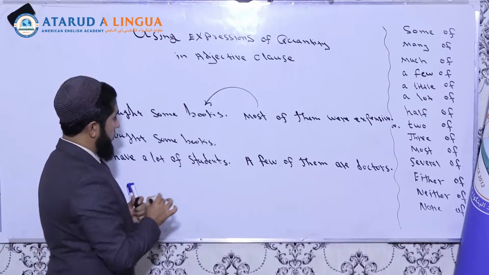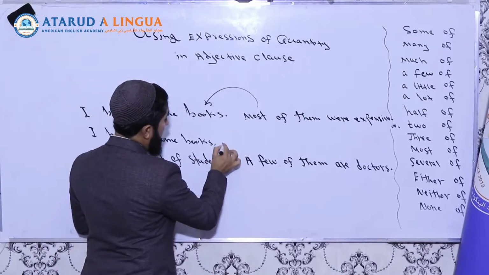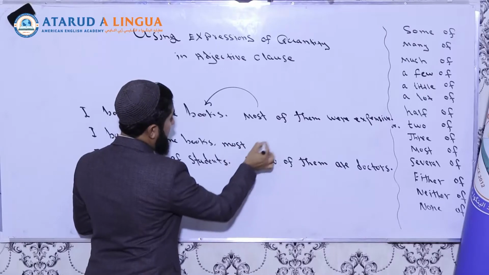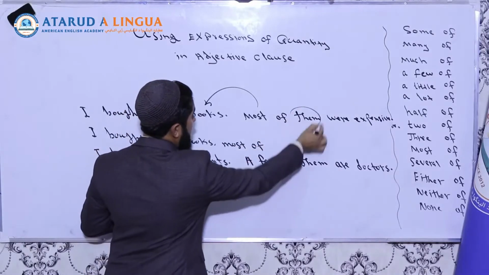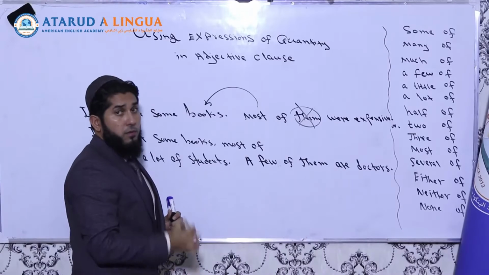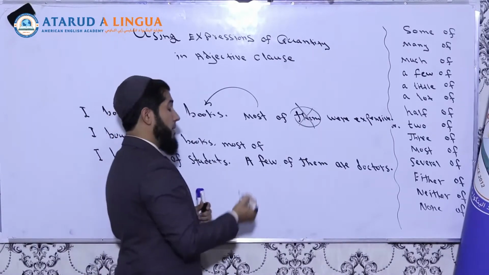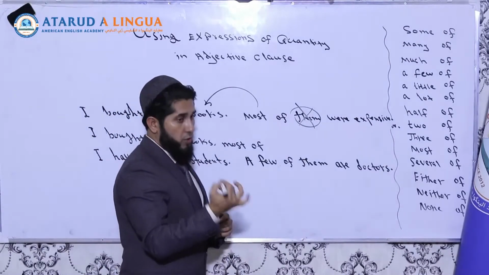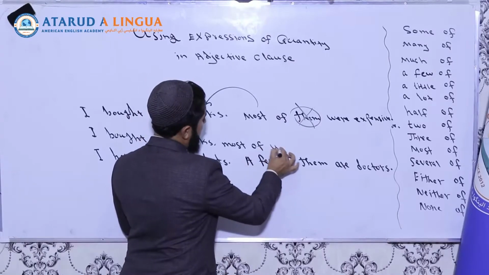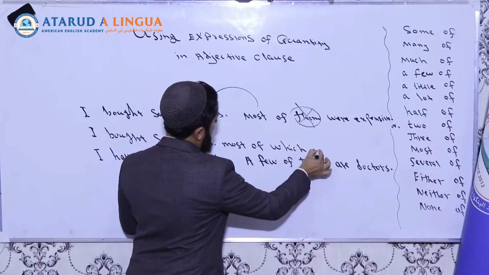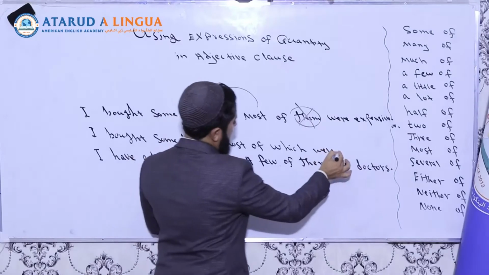I bought some books. And instead of most of them, we remove the personal pronoun, them, and we use the relative pronoun, which. Most of which were expensive.